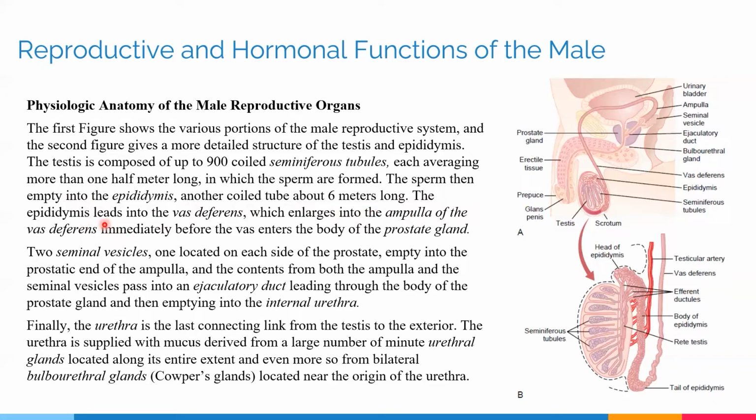The epididymis leads into a vas deferens, which enlarges into the ampulla of the vas deferens immediately before the vas enters the body of the prostate gland.